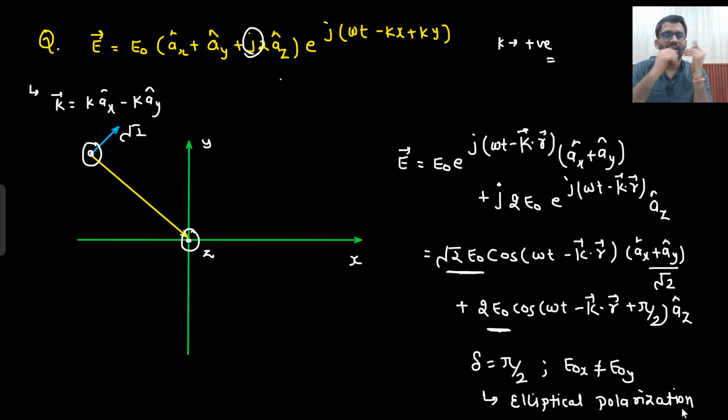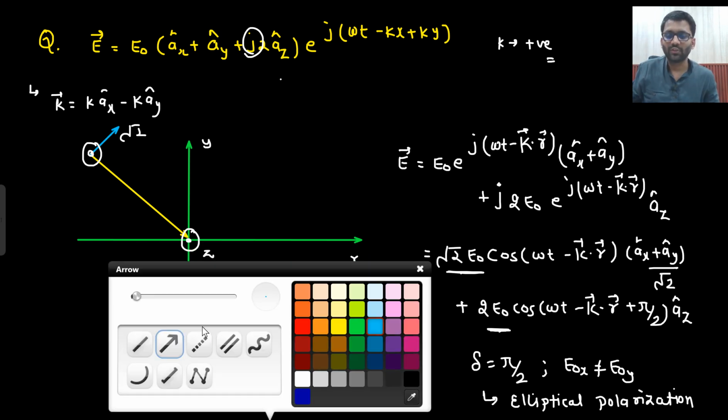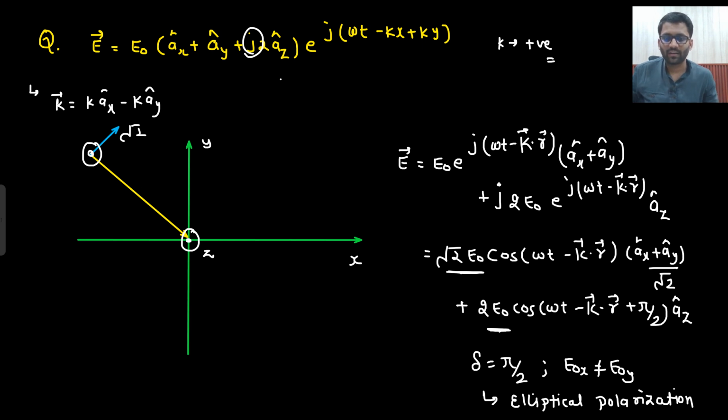Now left hand or right hand, think about it. Take your time. Where will be my plane? My plane is always perpendicular to the direction of propagation. So this is the direction of propagation, and I will assume my plane somewhere here.